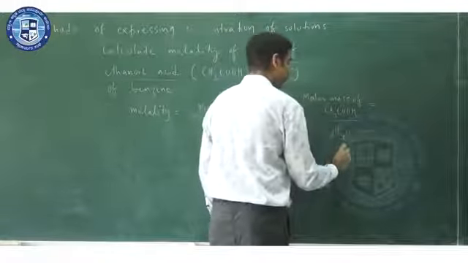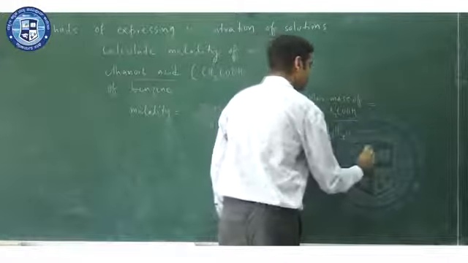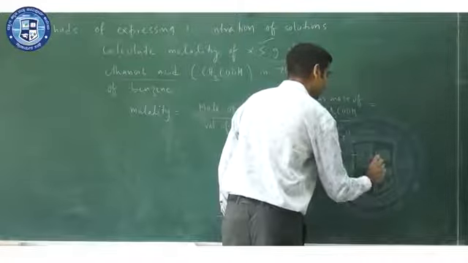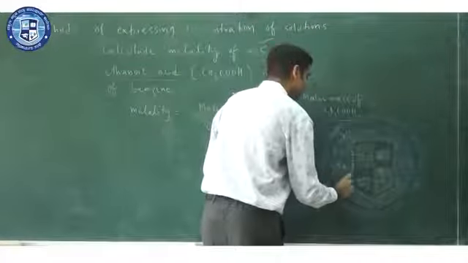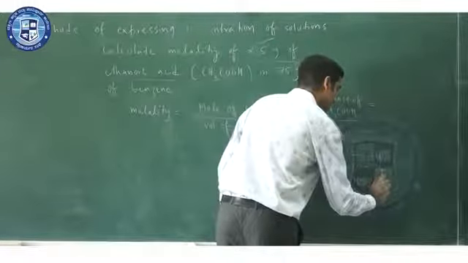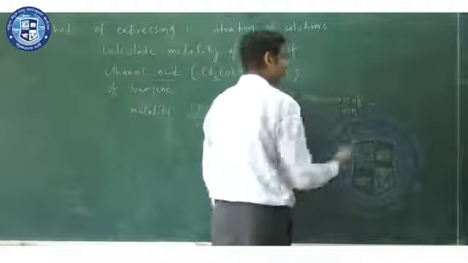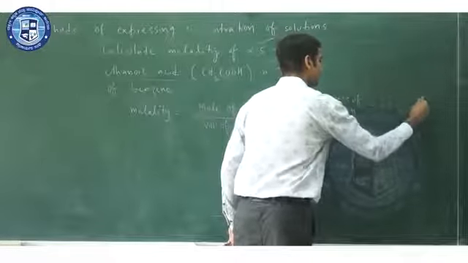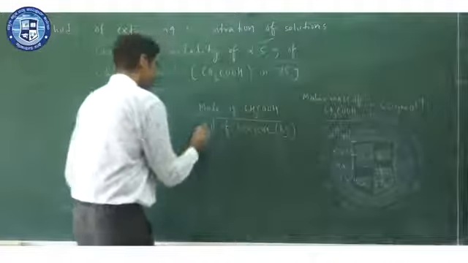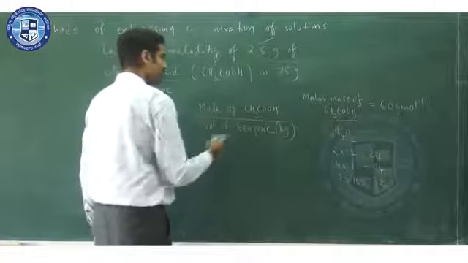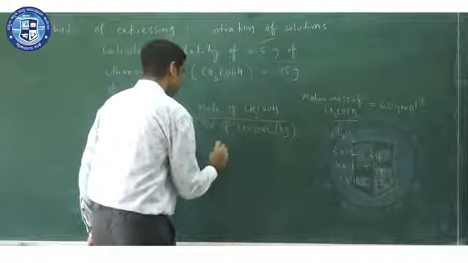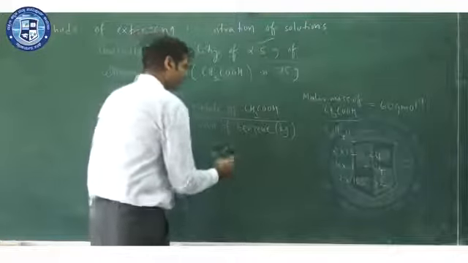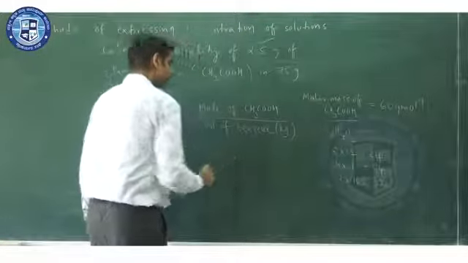So I got 2 atoms of carbon, 12 will be the atomic weight, 4 atoms of hydrogen are there, atomic weight will be 1. We'll have 2 atoms of oxygen, atomic weight will be 16, and therefore you will get the molar mass of ethanoic acid as 60 gram per mole. Hence, number of moles of ethanoic acid will be mass by molar mass. Mass of ethanoic acid is 2.5 grams divided by the molar mass we have worked out just now, 60.